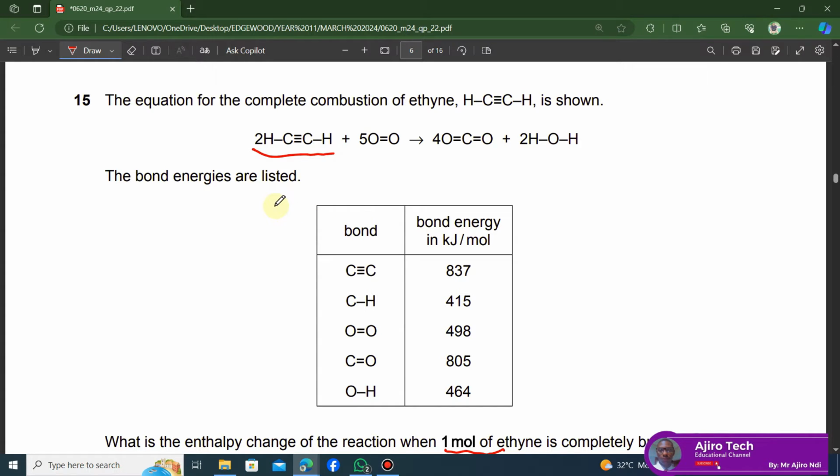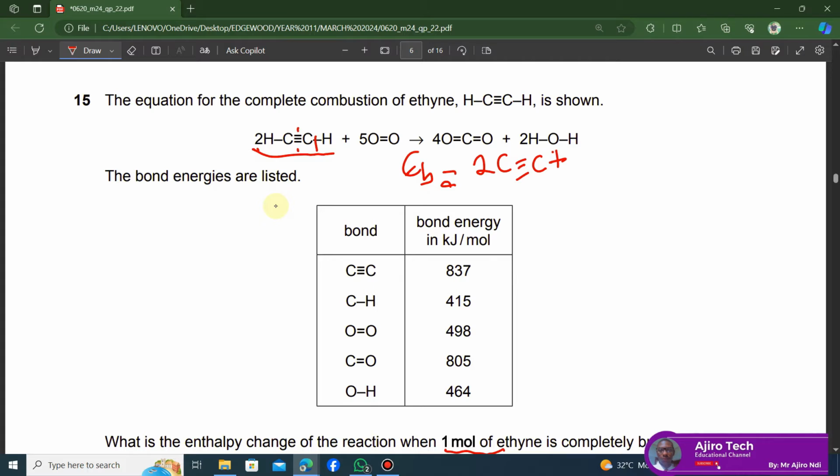So first thing is to get the energy required to break bonds. I call it EB. EB is how many bonds have been broken here. We're going to break one carbon-carbon triple bond, but as we break one of it, we multiply by the 2 here. So we're going to break 2 carbon-carbon triple bonds, plus we're equally going to break C-H bonds.